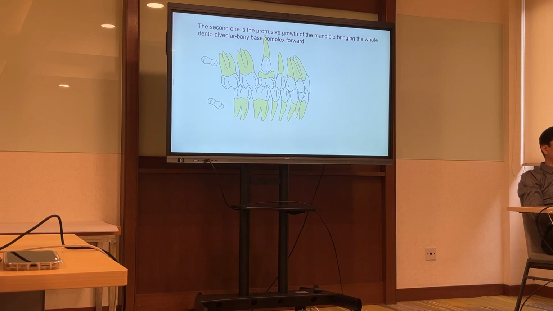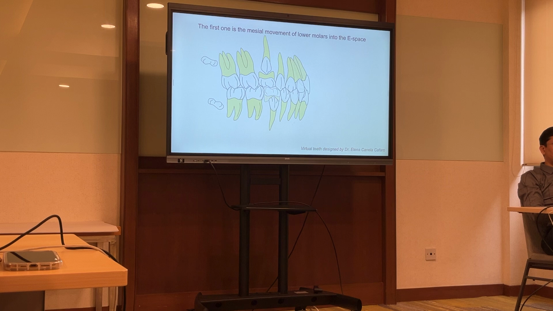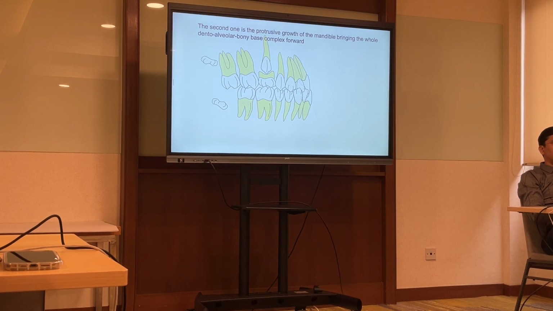Are you okay so far? Okay. See that? Animation helps everything. First animation was this, lower 6 came forward. Second animation is this, watch. Mandible grows and mandibular teeth also go forward. Okay?